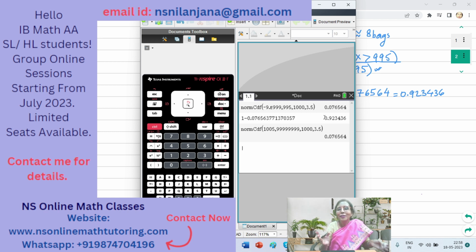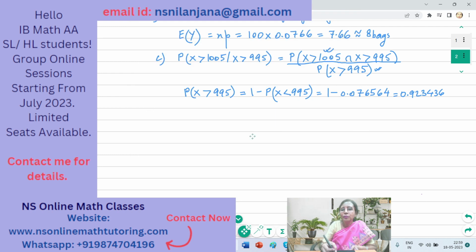Therefore, the probability of masses of bags less than 995 should be equal to the probability of masses of bags more than 1005 grams. So 0.076564.